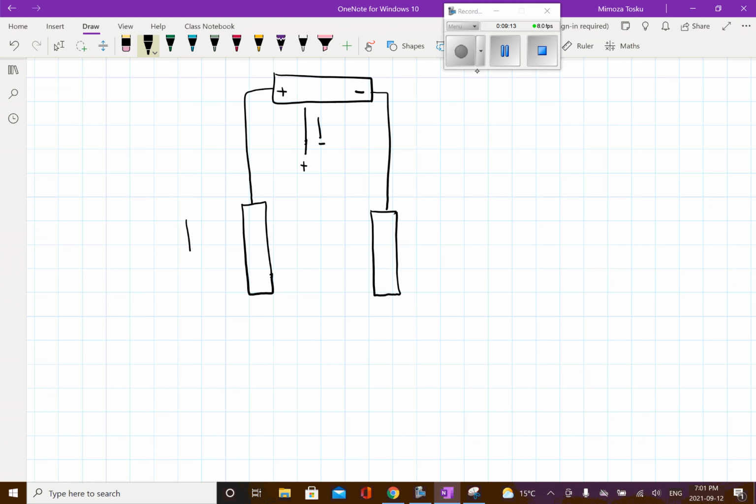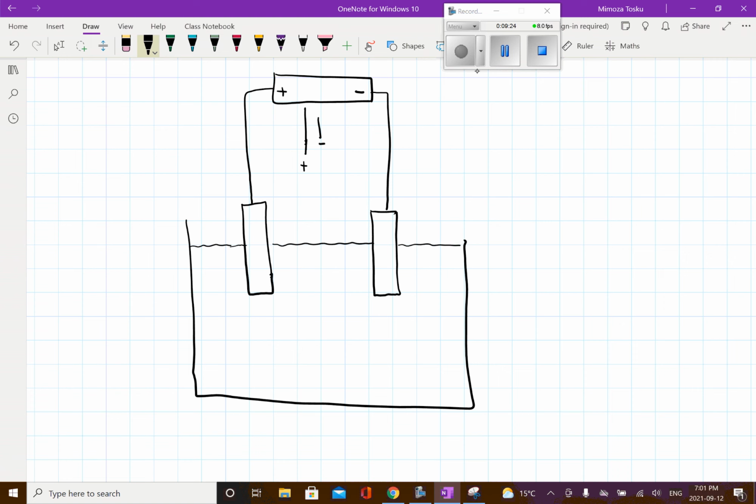In a big beaker, what we have in our case is molten NaCl, melted.